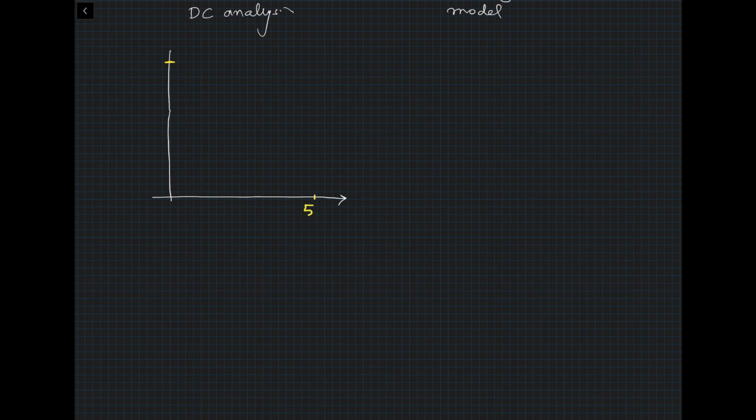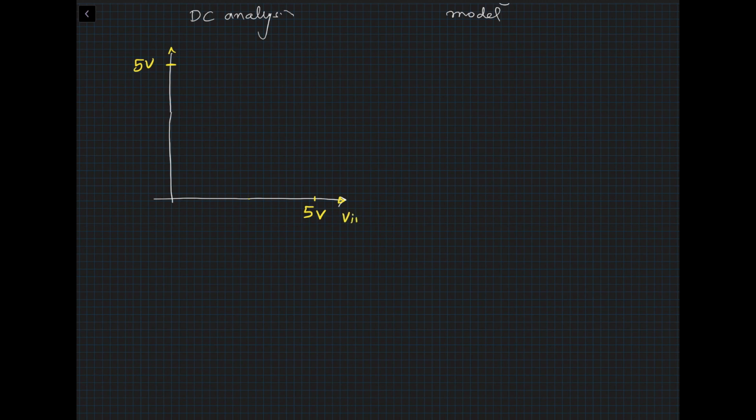Let's say 5 volts I'm applying. Since our supply voltage is 5 volts, on the x-axis I have V in and on the y-axis I have V out. So the transfer characteristics, let's say, look like this, something like this.